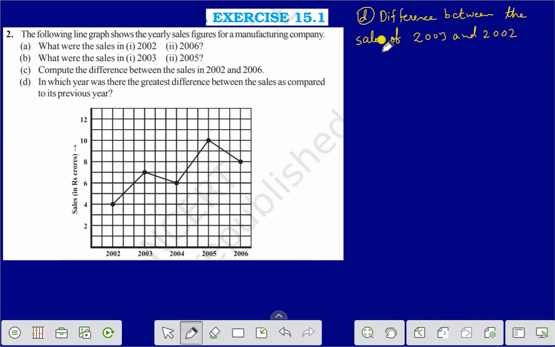So 7 minus 4 crore, that is equal to 3 crores.